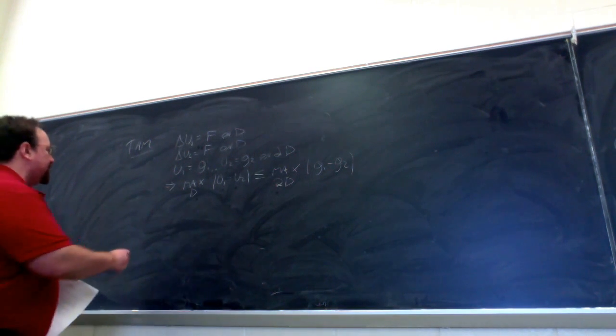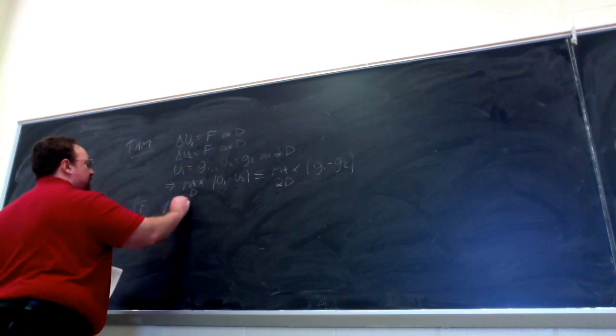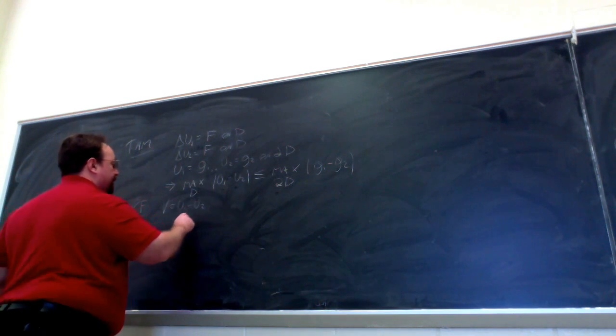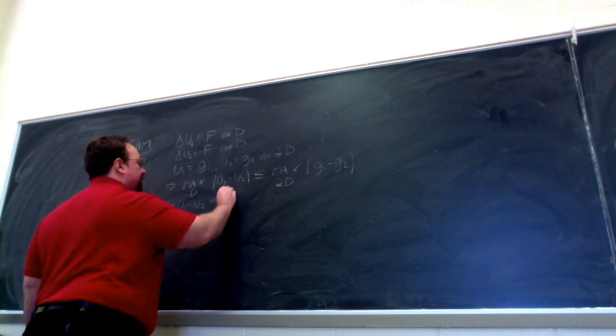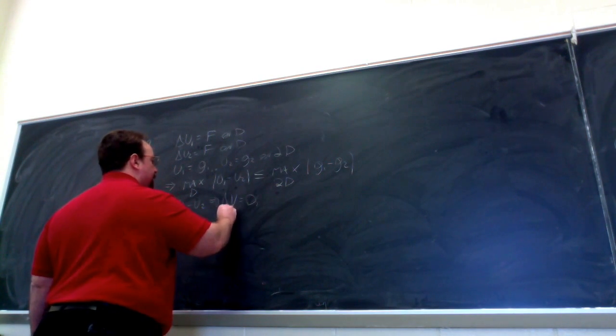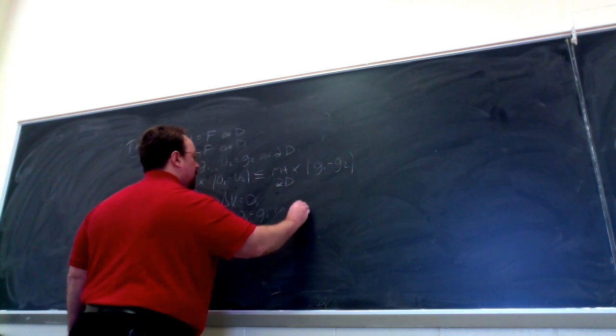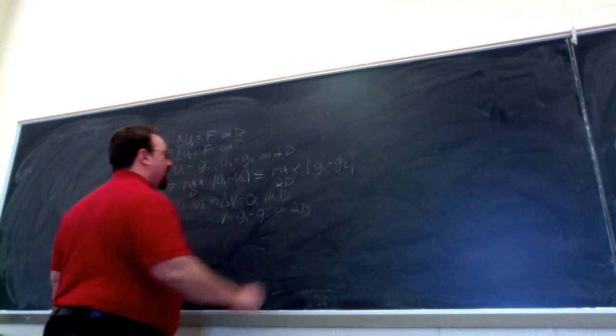And that is just as easily proven because we've defined V to be U1 minus U2, so that means Laplacian of V is 0, and V is equal to G1 minus G2 on the boundary.